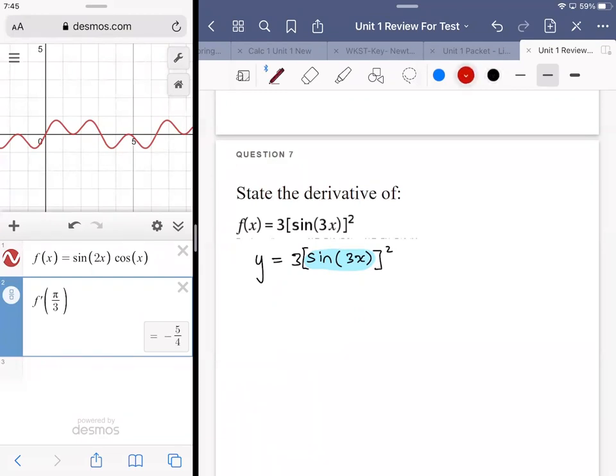So off on the side, I'll take note of that. I'll say, let's let u be equal to the sine of 3x. If I did that, I would get y equals 3u squared. That's beautiful. This is what I want. It's power rule ready.